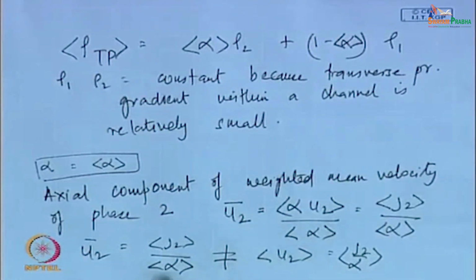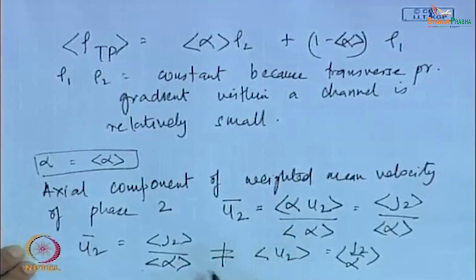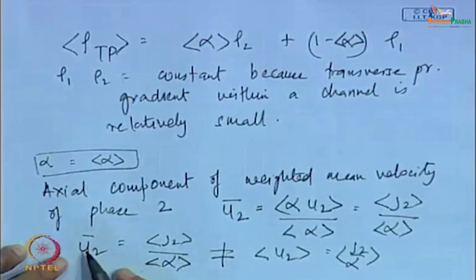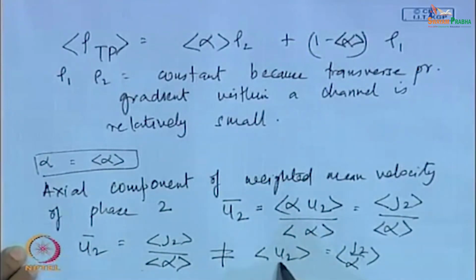Are these concepts clear to you? Please try to understand these concepts, they are extremely important. The thing is, in this particular case we get, this is the weighted mean average velocity and this is the cross sectional average velocity. What does this mean?